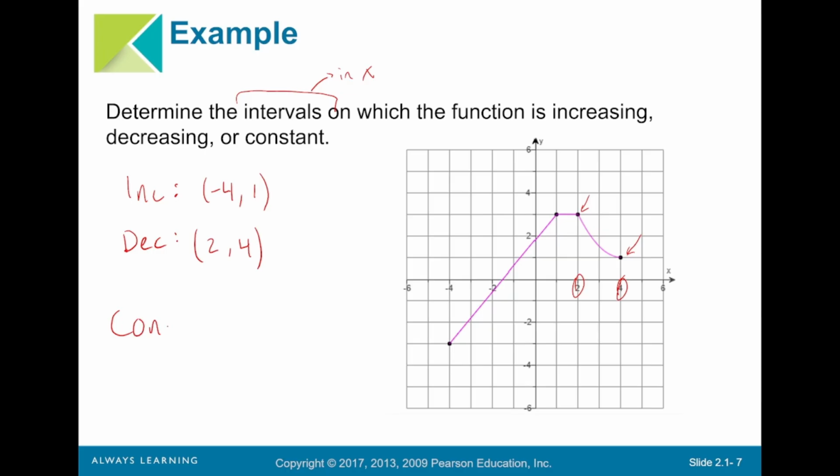Now when we want to look at constant, well, we are constant right here to right here, which is from 1 to 2. Again, parentheses, not brackets, because we don't include the endpoints when we're talking about increasing, decreasing, or constant. But this will be on your homework, so please reach out if you have questions.